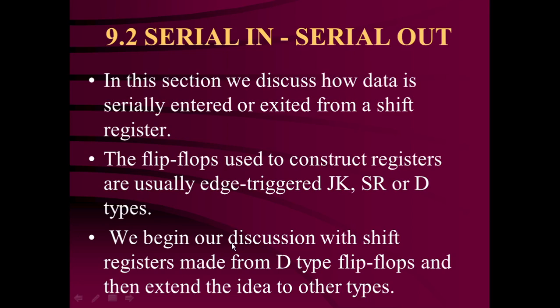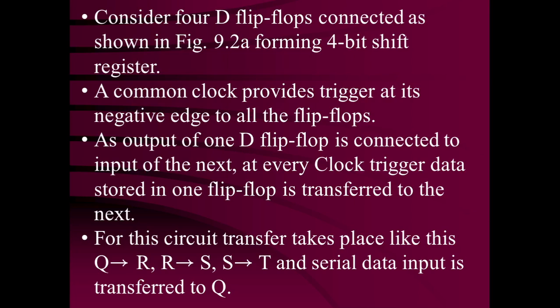We begin our discussion with the shift register made from D type flip-flops and then extend this idea to the SR and JK flip-flops. So we are starting to prepare the serial in serial out shift register with D type edge-triggered flip-flops. You know that an edge-triggered D type flip-flop has only a single data input line, and that data is transferred into the flip-flop after the negative edge of the clock pulse.